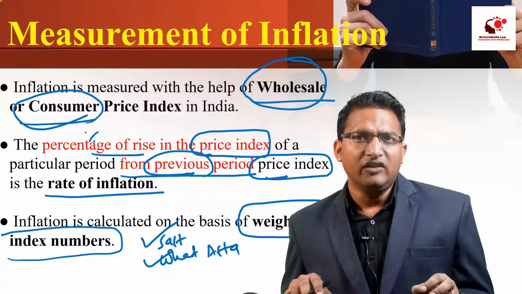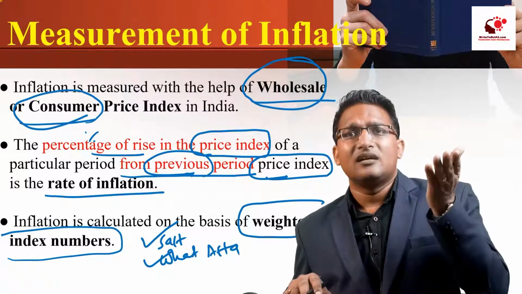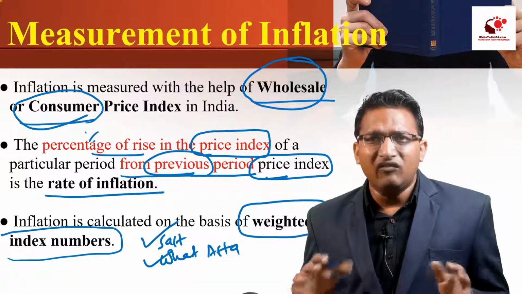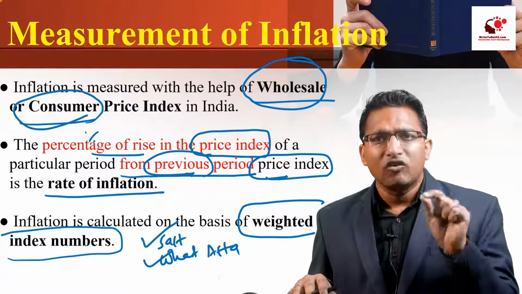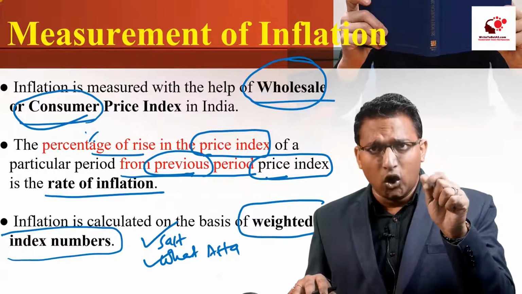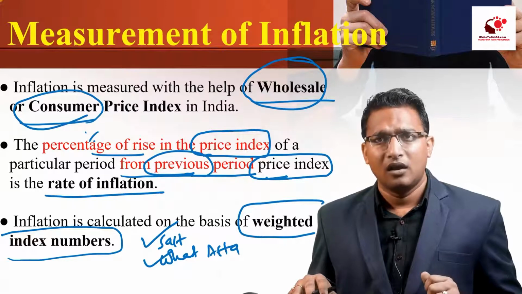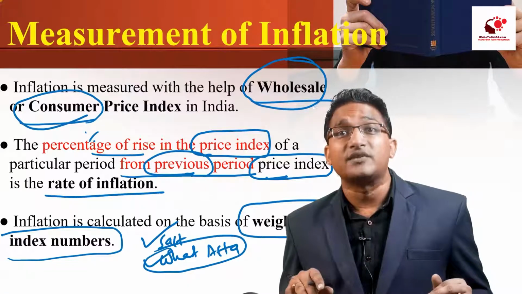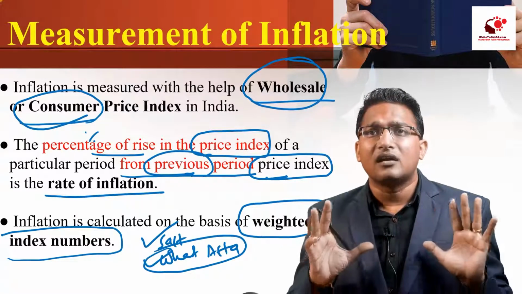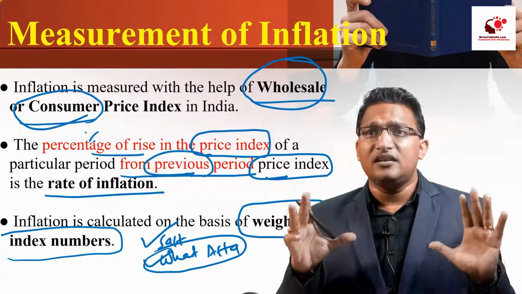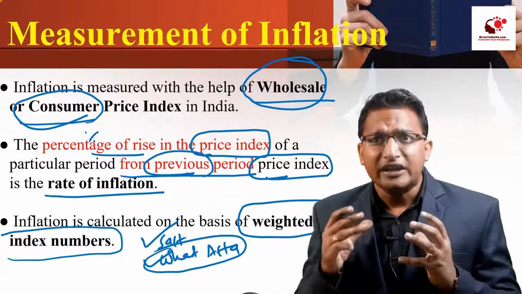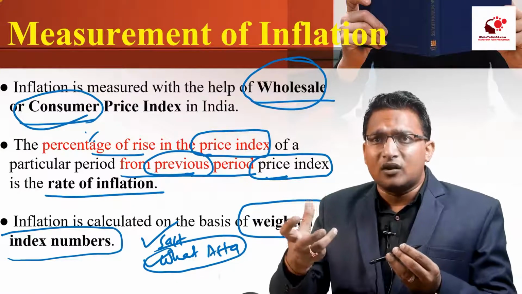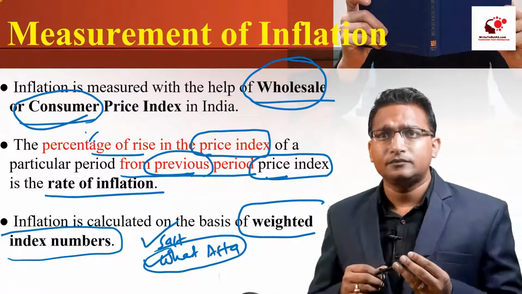No. If there is an increase in the price of salt by 50%, it will not have much impact because we are consuming a very low amount of salt. But if the price of wheat atta is increased by 50%, it will create a very dangerous situation in the country because each and every person is consuming atta and this consumption quantity is very, very high.